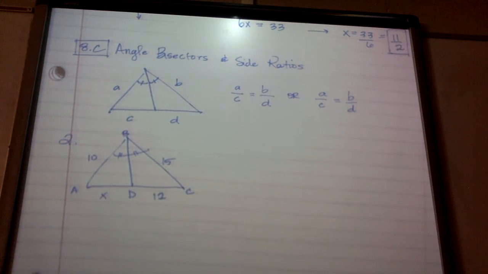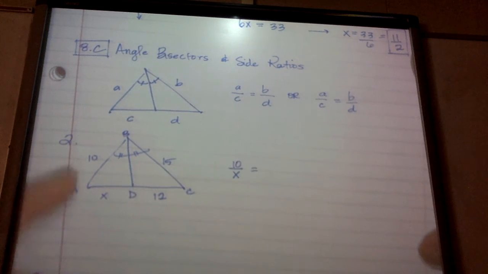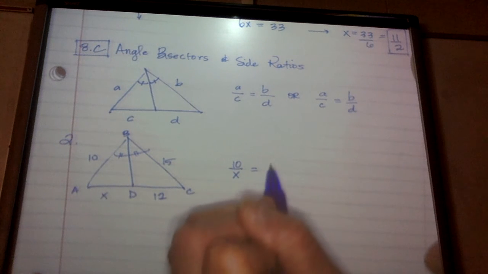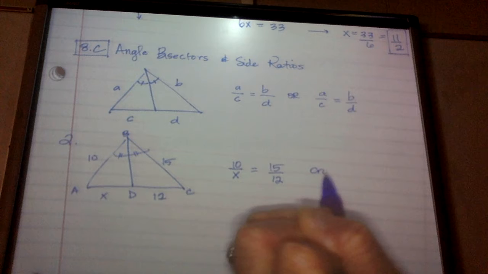So I know that BD bisects angle B. So here's how I would set up one way to set a proportion: 10 is to X. So if I'm going side to side, then that is 15 is to 12. Cross multiply.